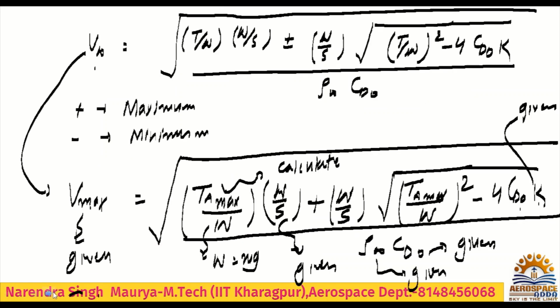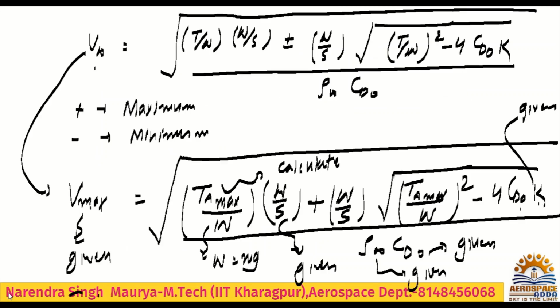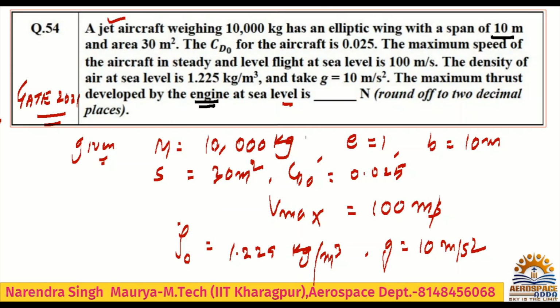It's Newton, you need to write this unit. Let me check here whether they are asking Newton or kilonewton. Newton. So you need to write directly that value, copy and paste 9772 point, 2 decimals, 9772.05. This is your answer.